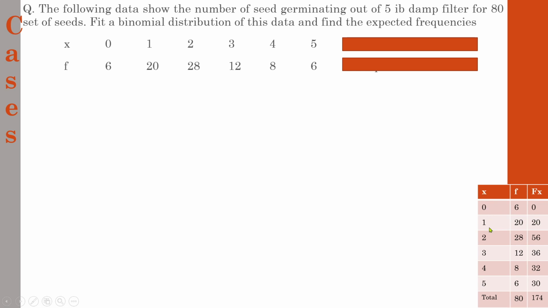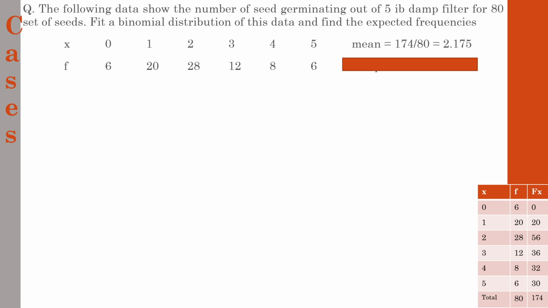If you multiply the values of the X column with the frequencies column, you will get the value of Fx. If you add together the columns of Fx and F, you will get 174 and 80. So the mean of this series is total of Fx divided by total of F. We have learned this method, we are not going further into that. You will get the mean of the series as 2.175.